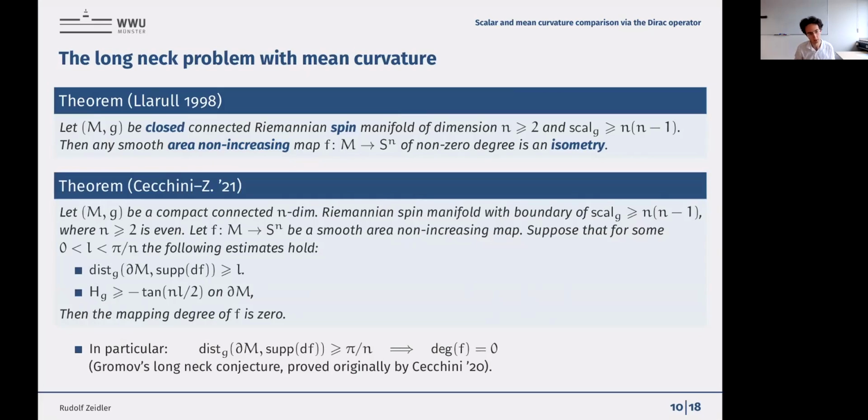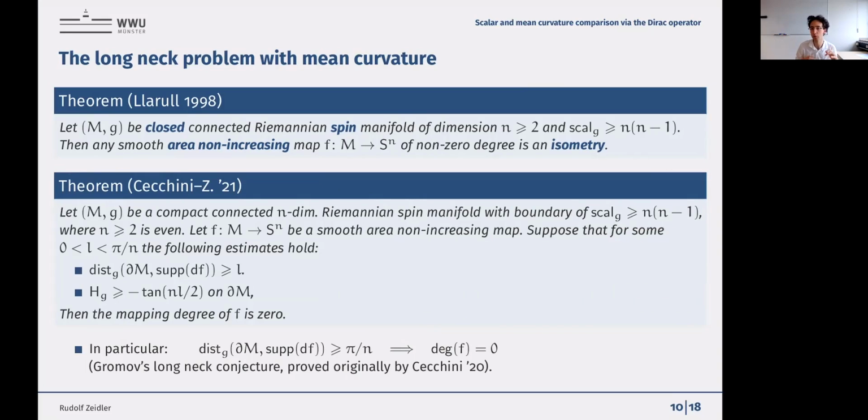So the statement that we have here is that if we have an n-dimensional Riemannian spin manifold with boundary, and again we have our scalar curvature assumption, and for technical reasons here we have to assume that n is even, and again we take an area non-increasing map from M to the sphere, and now we want to impose a similar condition as above, non-zero mapping degree, but there we have to be a little bit careful, because in general it doesn't really make sense to talk about the mapping degree of a map from a manifold with boundary to a closed manifold.